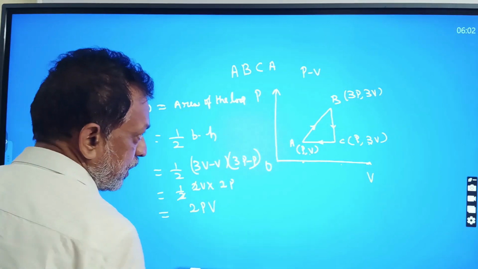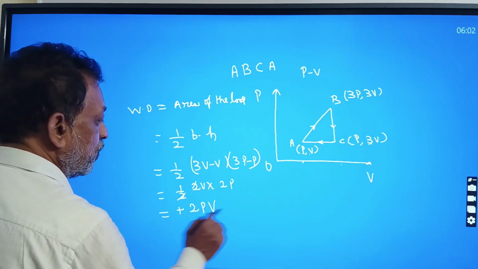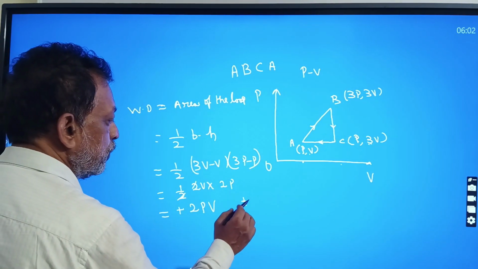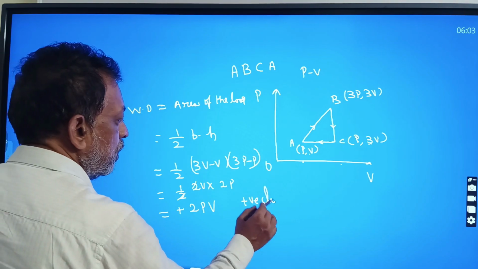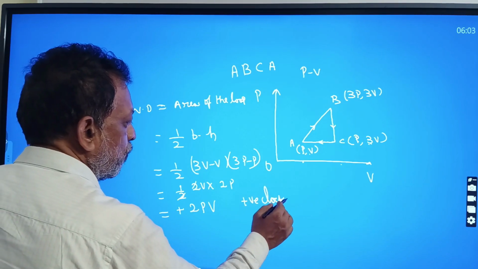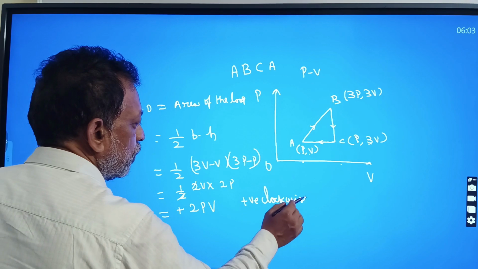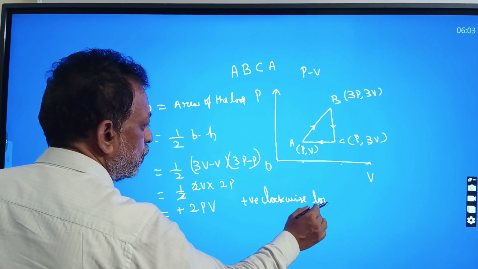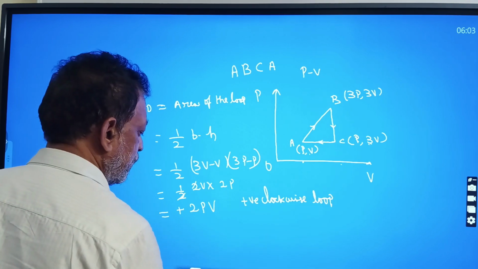If it is a clockwise loop, the work is positive. Negative for anti-clockwise. That's all.